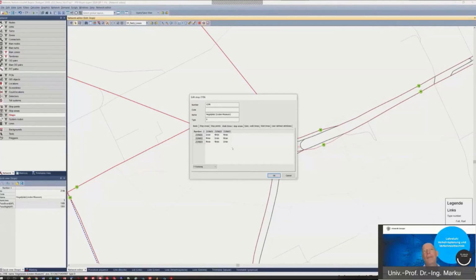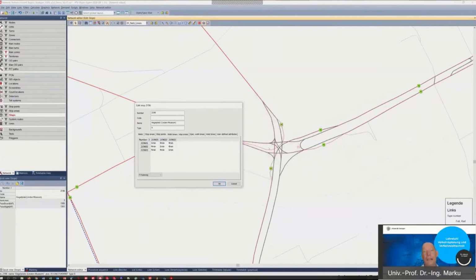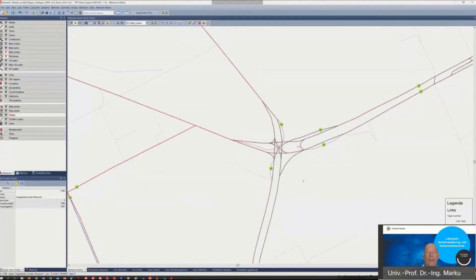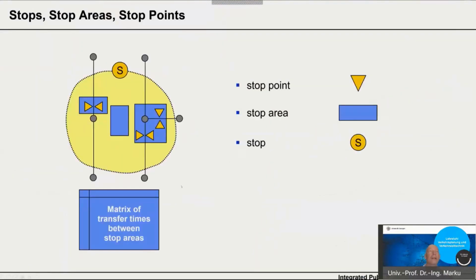So this is something which you also may want to consider in a model if it's more detailed, because that has an influence on whether you get a transfer or not. So an idea of how to model stops.